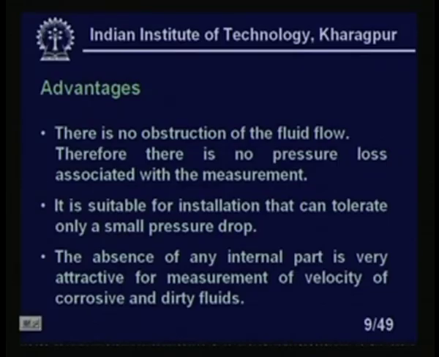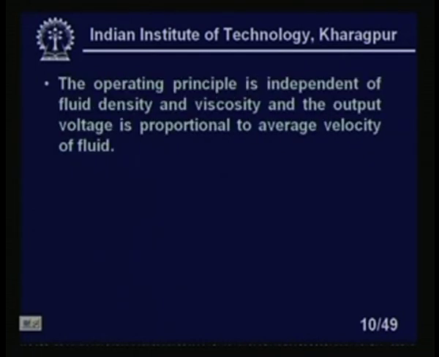Though in the case of an orifice meter or venturi meter there is no such installation, there is an orifice plate, and in the venturi meter there is a slight reduction of the pipe diameter, which is actually the throat of the pipe. That also makes problems. So the absence of any internal part is very attractive for measurements of velocity of corrosive and dirty fluids. The operating principle is also independent of fluid density and viscosity.